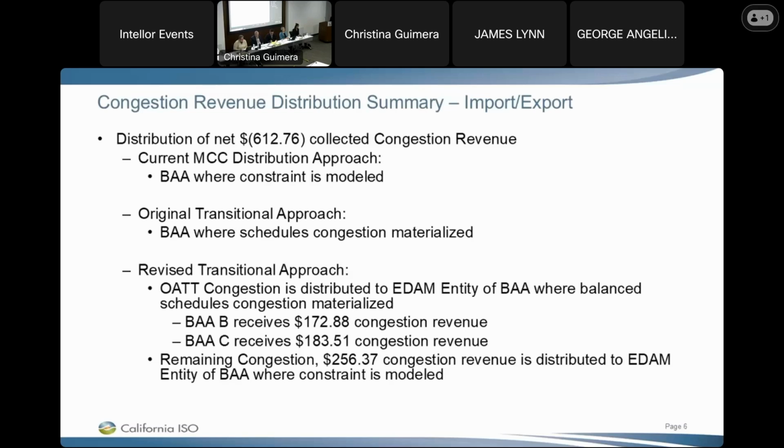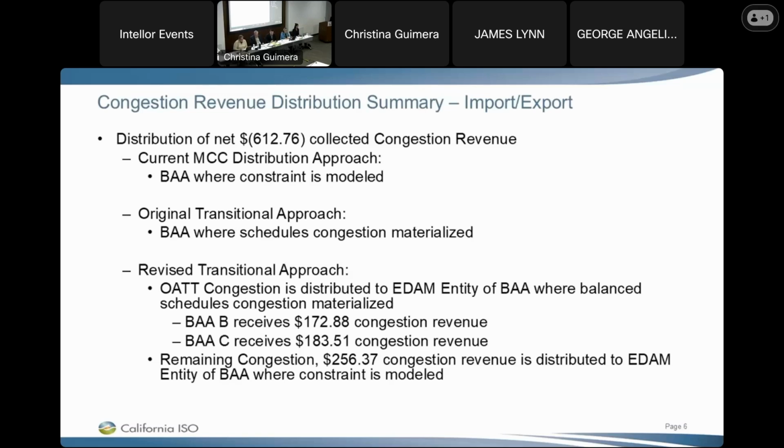Under those settlements, BAB receives congestion revenue of $172.88. That is the congestion difference between the 125 megawatts of load in BAB, the 100 megawatts of transfer, and the 25 megawatts of import in BAB.